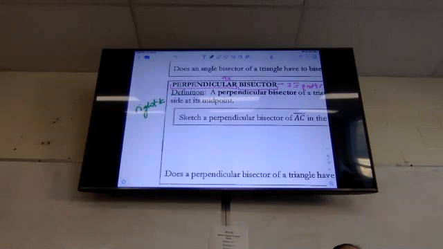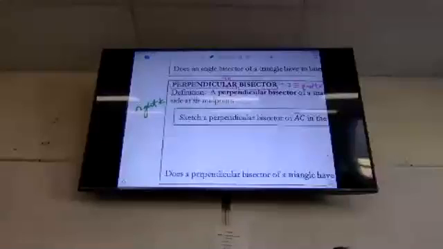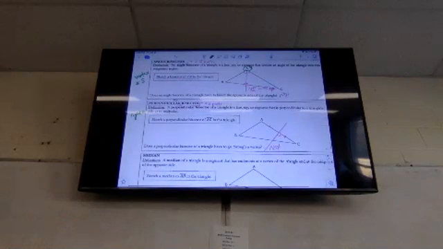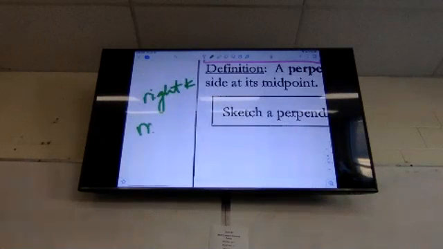What is congruent? The angles are congruent. That's not what I'm getting at. What else is special about when I drew this line? What was the first thing we did? A midpoint, good. So right angle and a midpoint. Those are the two things that are special.